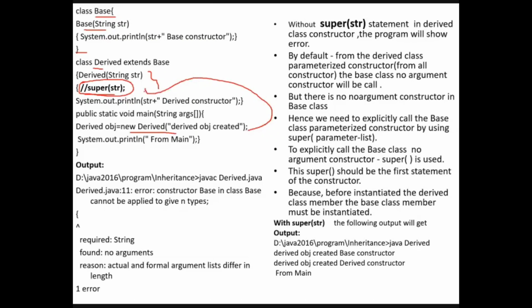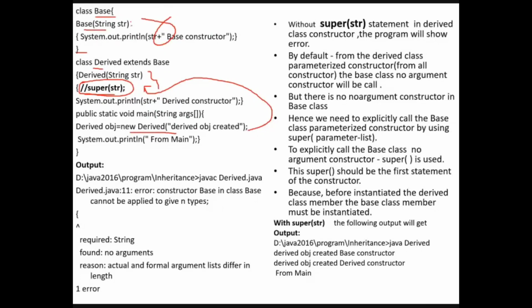From here it will call the base class no-argument constructor. But this base class does not have a no-argument constructor. If no constructor was defined, the compiler would provide a default constructor. But if you define any constructor in your class, the compiler won't provide the default constructor. In this class I defined a constructor with a parameter, so the compiler won't provide the default constructor.